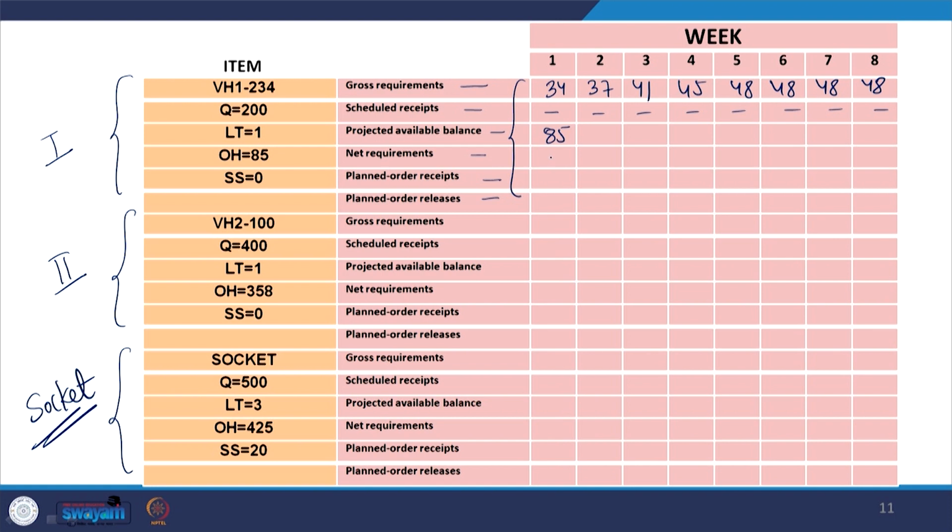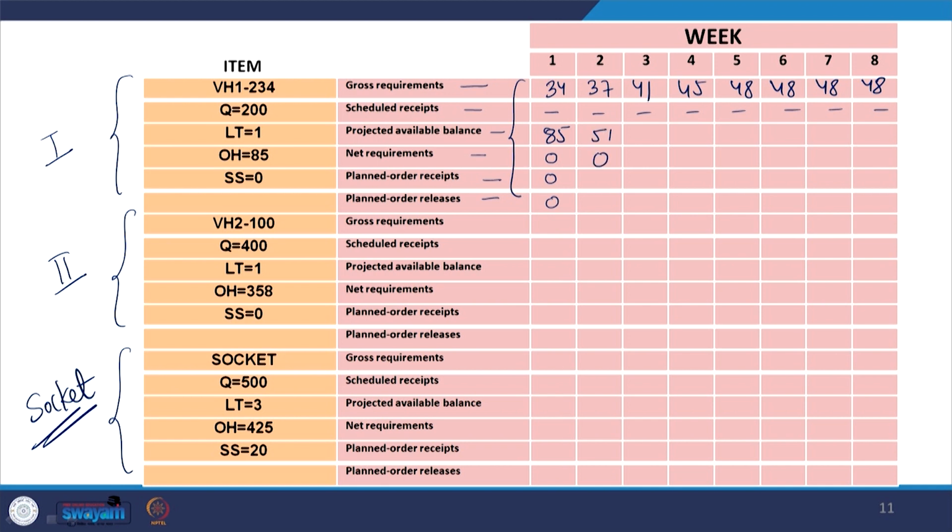So, net requirement is 0, 0 here, 0. Now, from 85 you have consumed 34 in the first period, so the remaining will be available here: 85 minus 34 is 51.